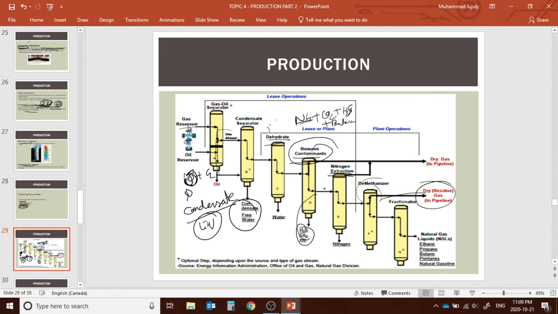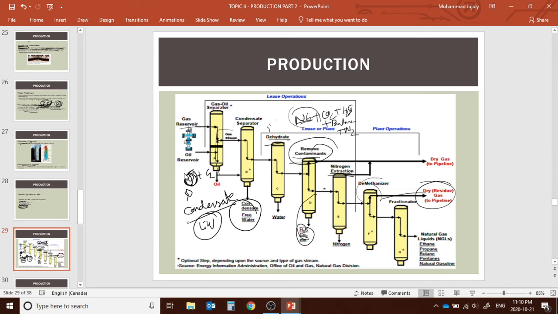Now natural gas means methane and ethane. But you can also have butane and propane and many others, and some pentanes and some aromatics too. So we'll just remove these things, and nitrogen, of course.